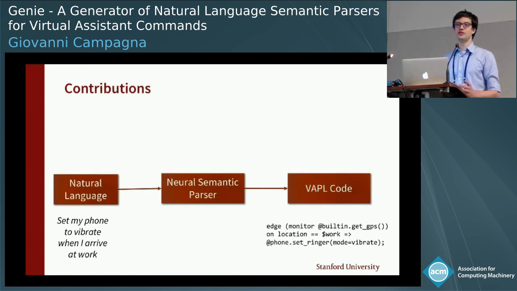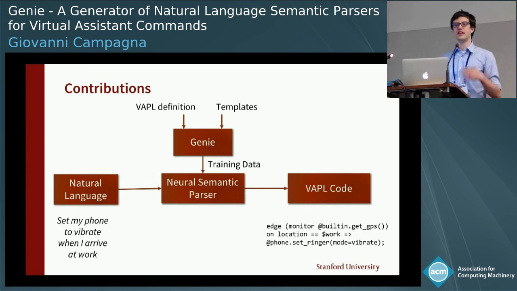The way we're going to do it is to use a deep neural network to translate natural language directly into code. Neural networks are powerful, but they need a lot of data. So we introduce a tool that takes the definition of the virtual assistant programming language we care about, takes templates written by domain experts, and automatically generates the training data for the neural network.